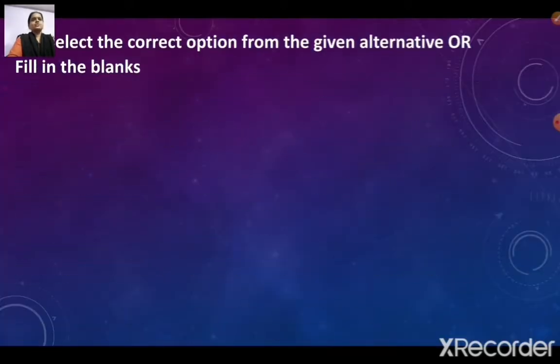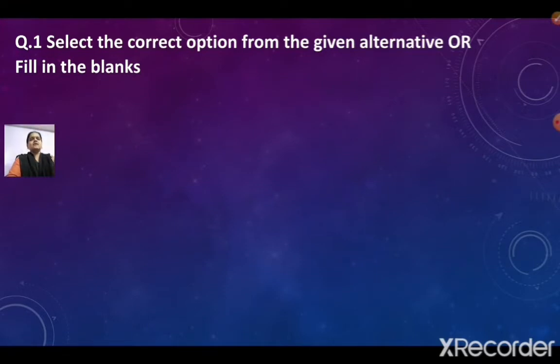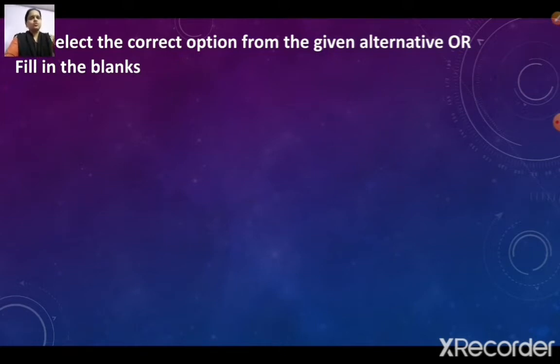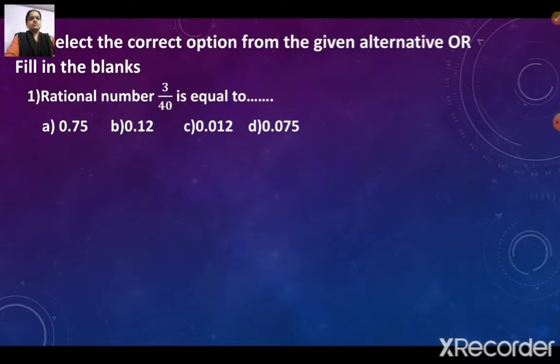Now, question number 1 is select the correct option from the given alternative or fill in the blanks. So I will combine both question number 1 and 2 over here, and let us see a few examples as a revision for your first chapter. So see the first question. Rational number 3 upon 40 is equal to dash.